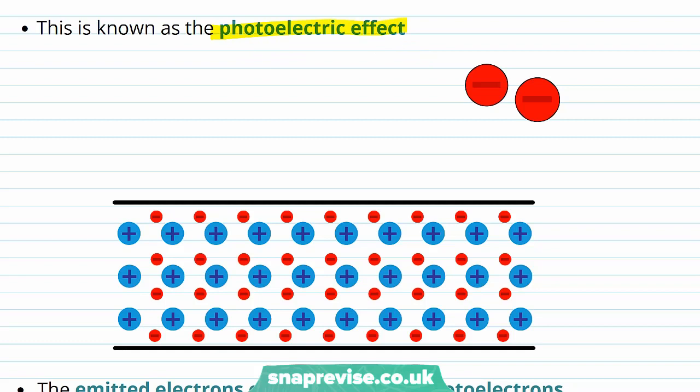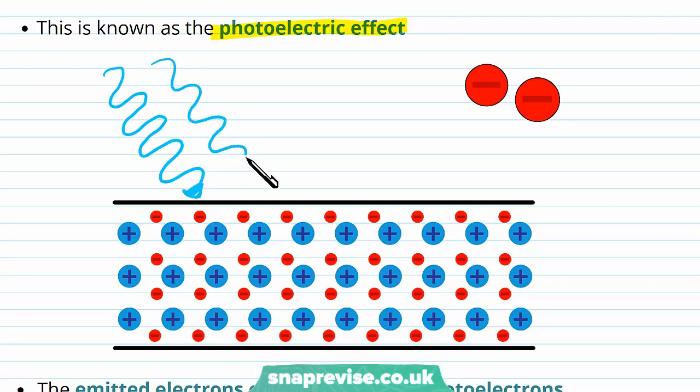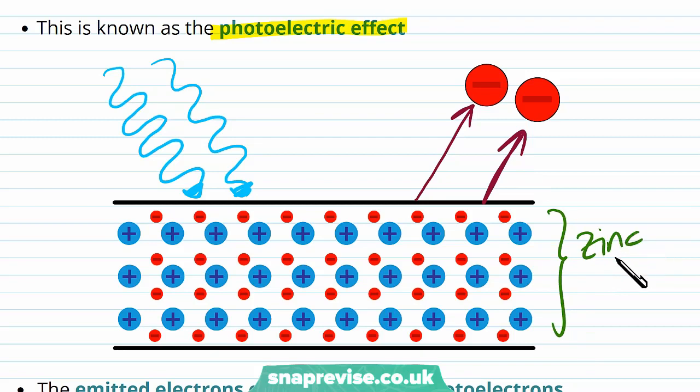So the photoelectric effect is when we shine light on a piece of metal, a metal surface, and when the light is shone on the surface, electrons are emitted. And in this case, the metal was zinc metal.